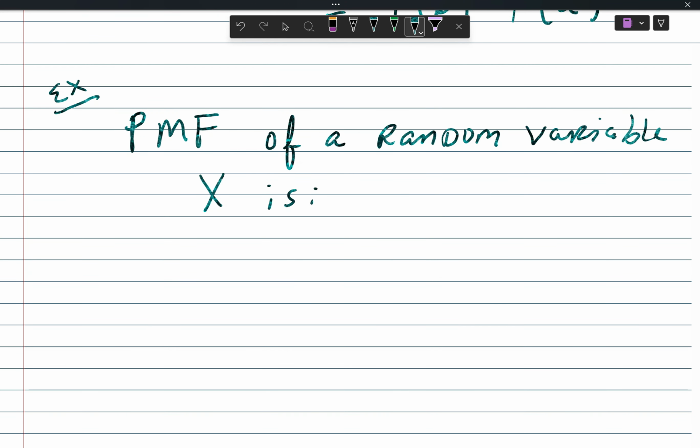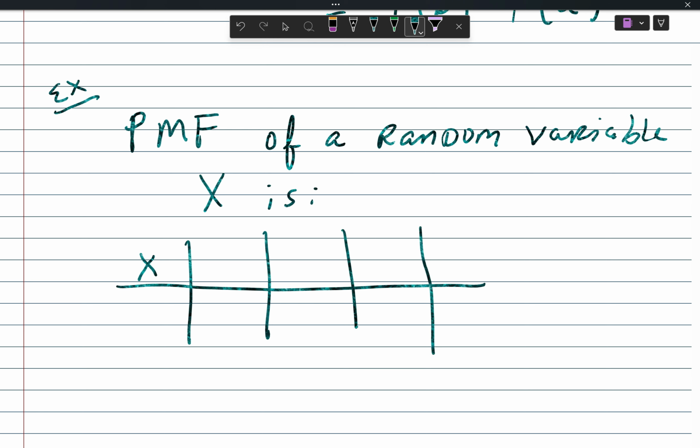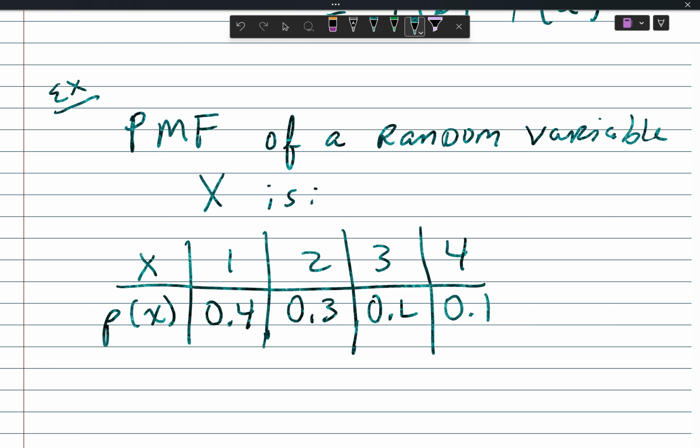In our first example, the probability mass function of a random variable X is the following: x is 1, 2, 3, 4, and P(x) is 0.4, 0.3, 0.2, and 0.1.